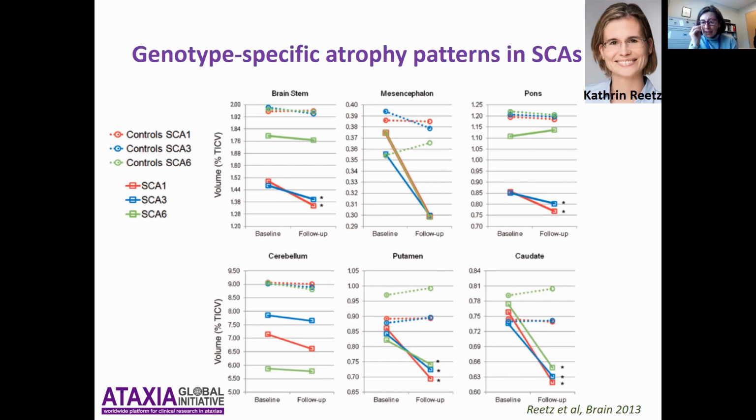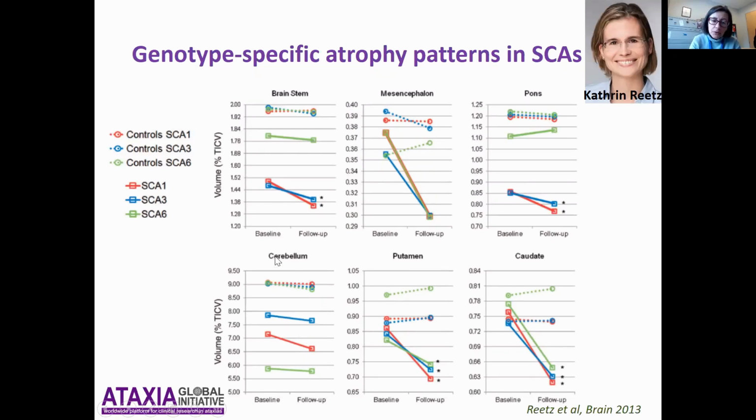My example here is from an SCA study that included SCA 1, 3, and 6, which came out in 2003, showing in a longitudinal fashion the volume loss with baseline data and 2-year follow-up data. And you can see the clear differences.